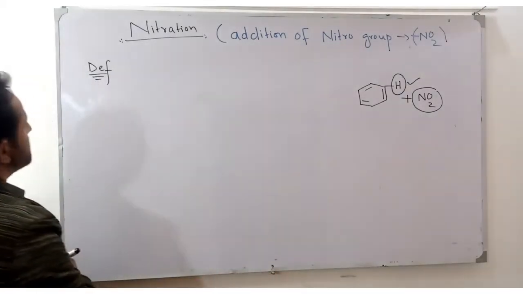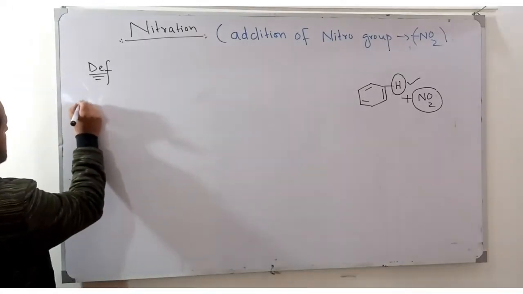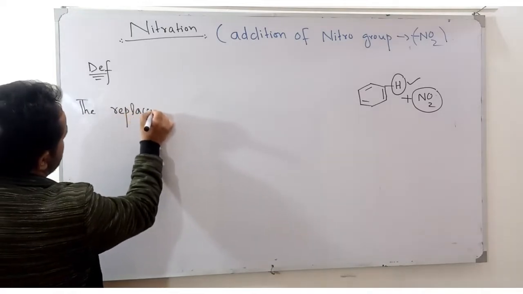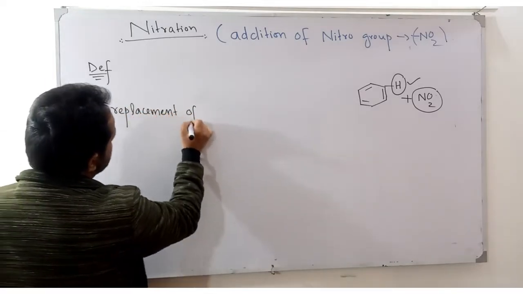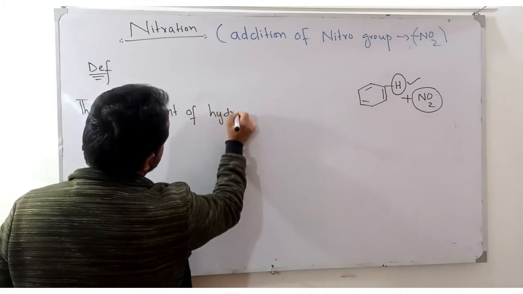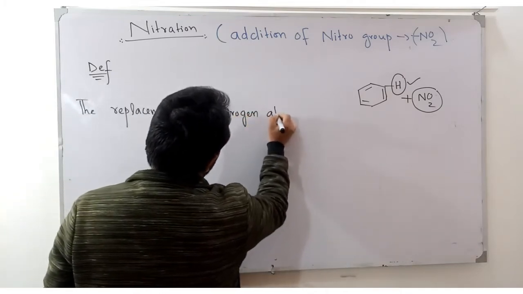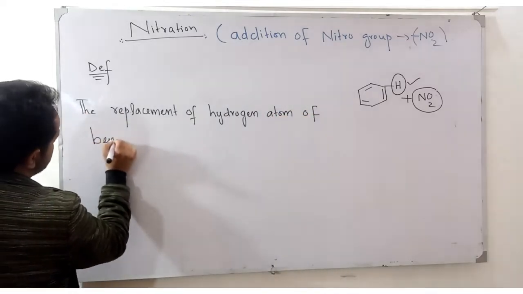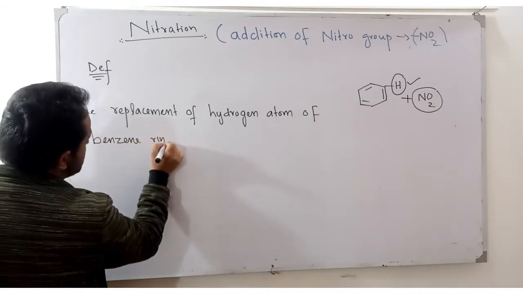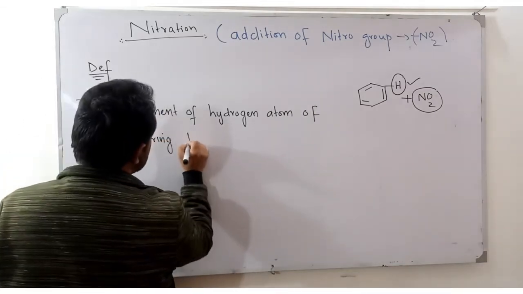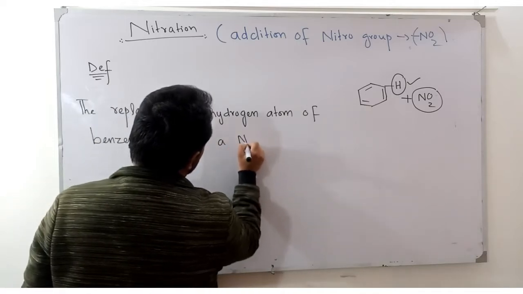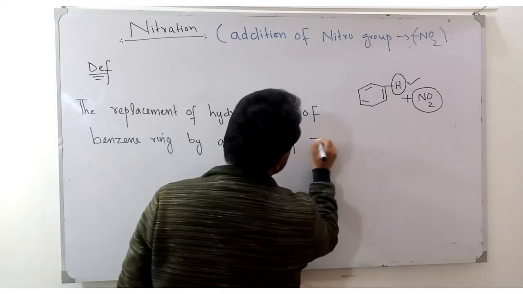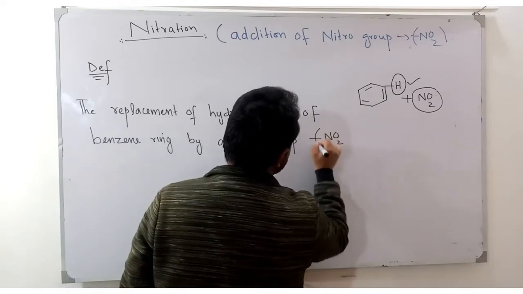So I will write the definition of nitration here. The definition of nitration is the replacement of hydrogen atom of benzene ring by a nitro group. Nitro means NO2. This is nitro group.